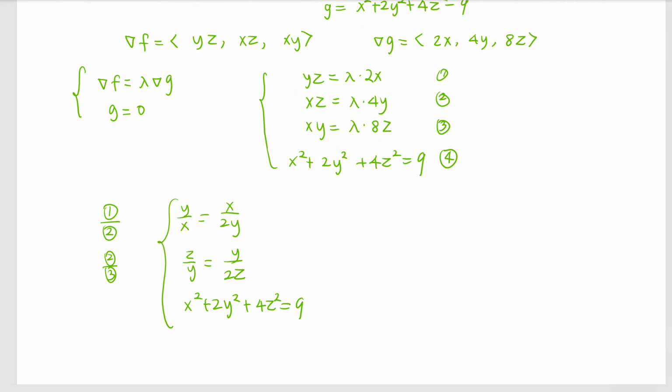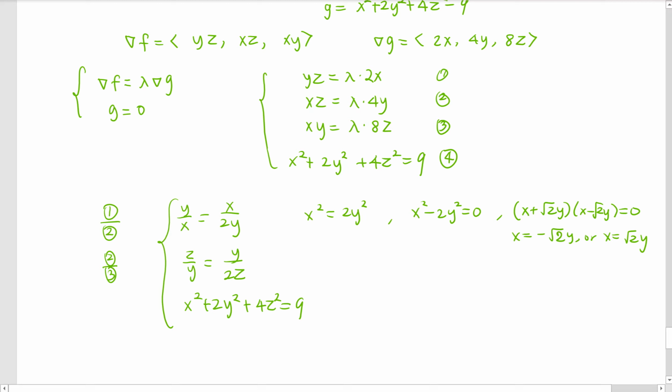So the first equation is the same as saying x squared equals 2y squared. So let's move everything to the left hand side. Well, what does that mean? It means this is the same as x plus square root of 2 y, x minus square root of 2 y is 0. So we have x equals negative square root of 2 y or x equals square root of 2 y. So see, we have 2 different cases.